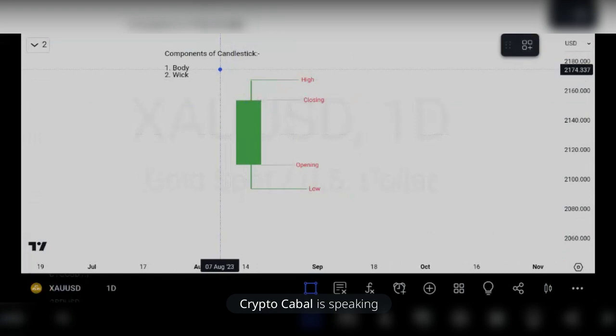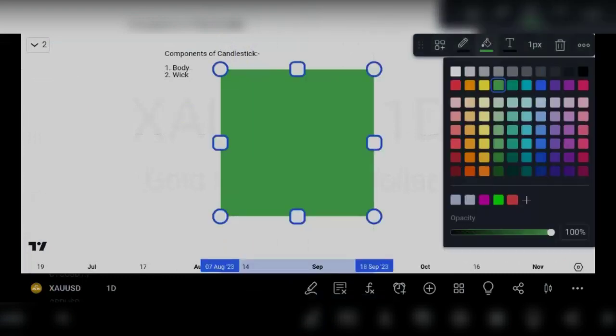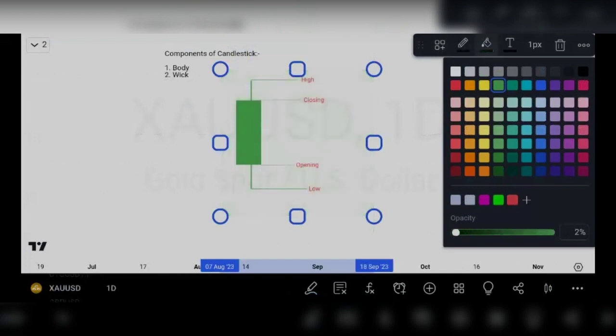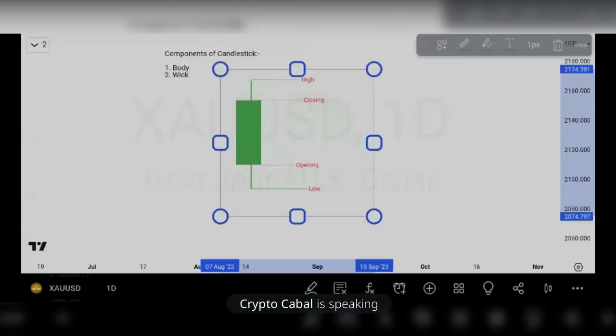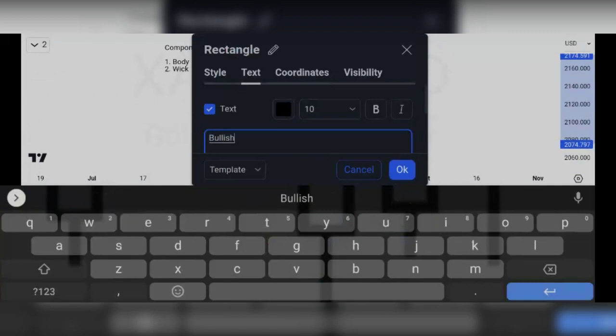Let me tag everything. We can call this what? The bullish candle. Bullish candle.